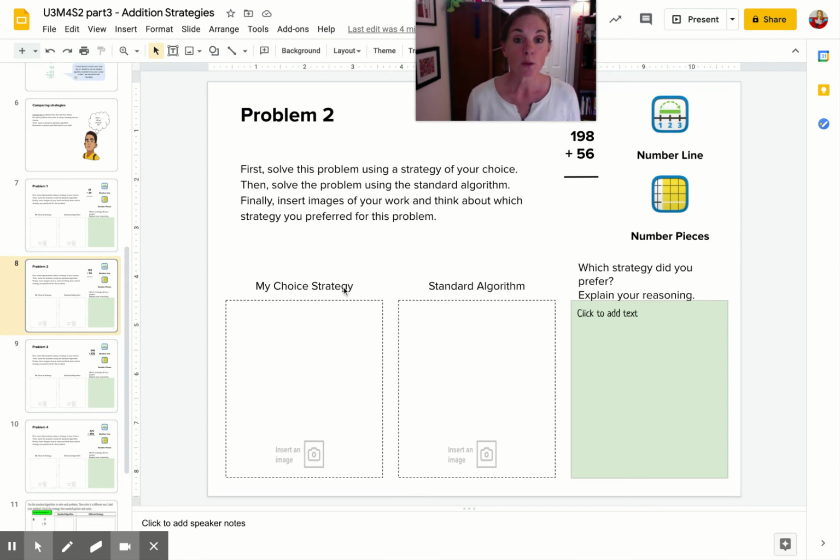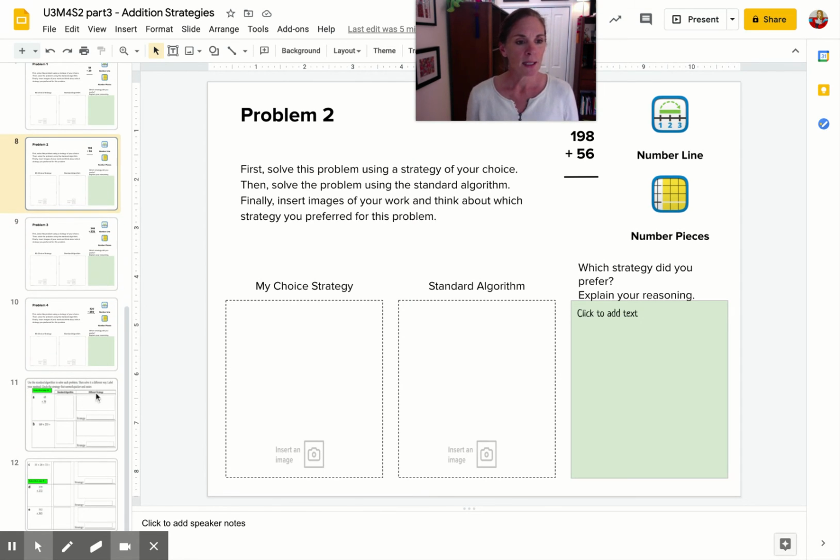So the first thing you do is you choose a strategy that is not the standard algorithm strategy. Then you use the standard algorithm. So you're solving 2 of the problems 2 different ways, and then you're going to talk about why you chose the way that you chose.